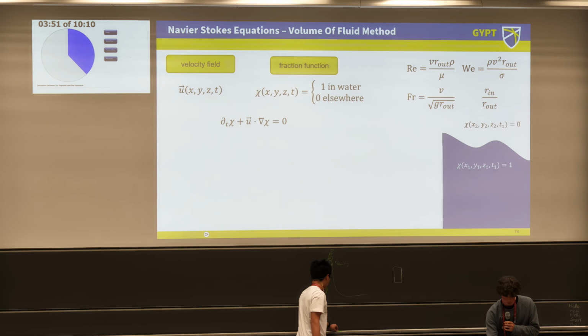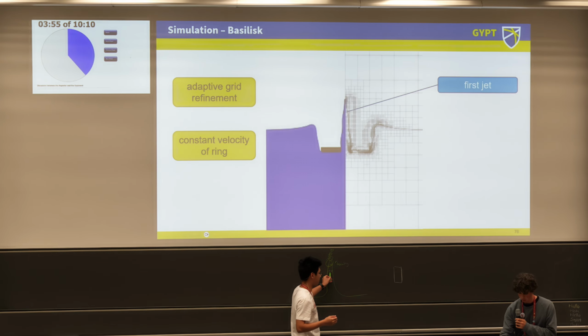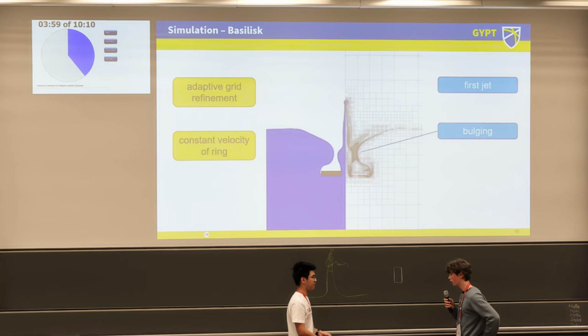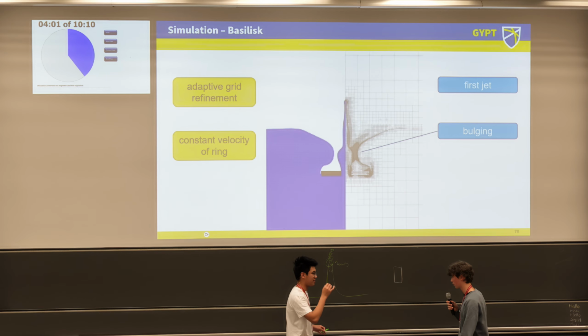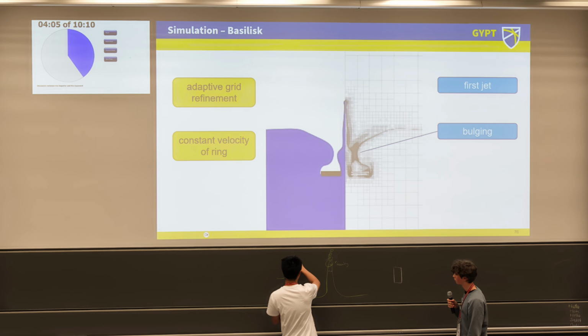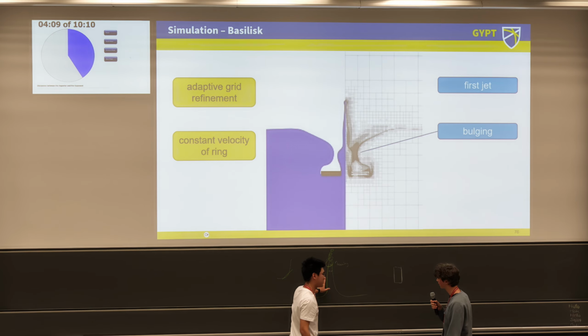And actually, I believe there are some kinds of models that can find out the radius of the jet. For the first jet, you can see that it's actually a very thin jet. I'm not talking about the second one. For the second one, it might be very hard to find out because the angle here is very long. But for the first jet, this angle is actually very, very small.